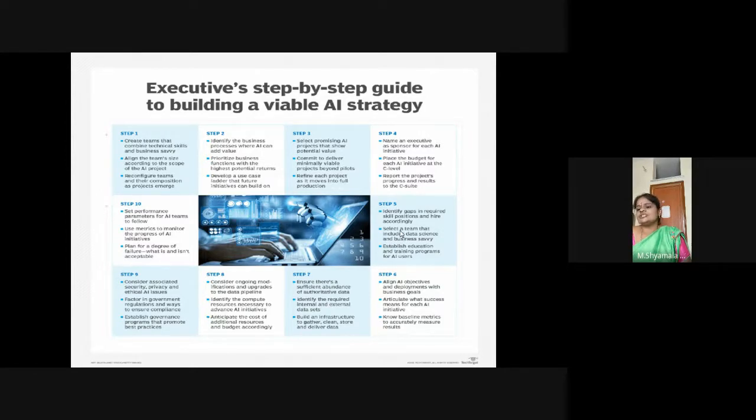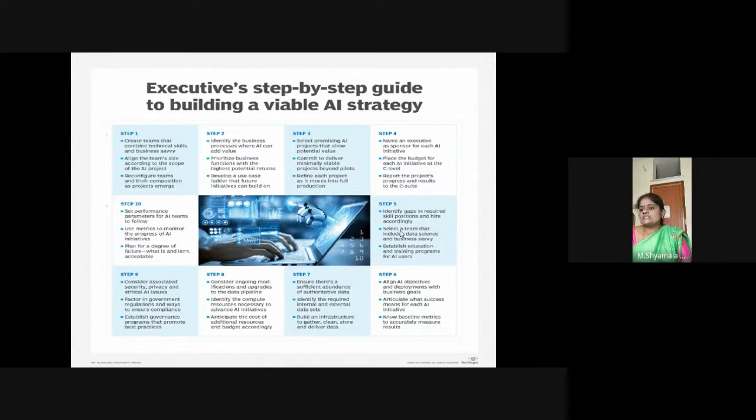advance AI initiatives. In step 9, consider associated security, privacy, and ethical AI issues. It's a very important thing. So we have to consider privacy, security, and ethical AI issues. There are factors in government regulations and ways to ensure compliance, and establish governance programs that promote best practices.